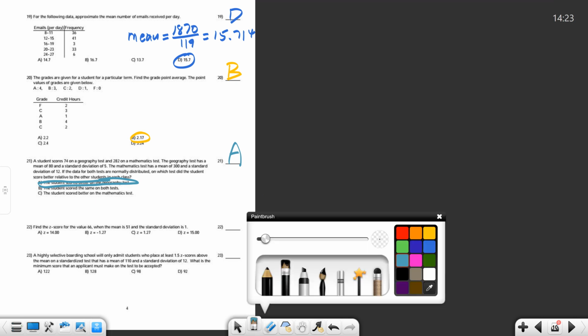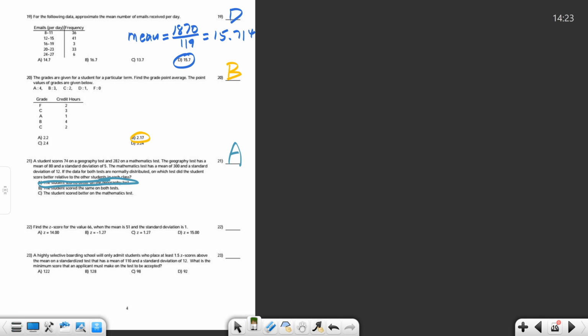All right, so for this one, find the z-score for the value. So x equals 66 here. That's the value. And the mean, mu, is 51, and sigma is 1. Let me fix this. I don't like my equal sign there.